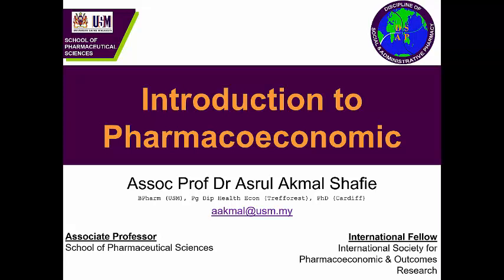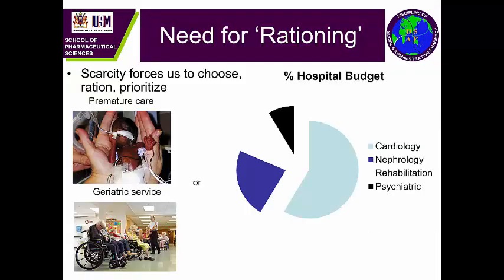Today we are going to continue our FAR 391 lectures by discussing the introduction to pharmacoeconomics. In the previous lecture on the introduction to basic economics, we discussed scarcity and the reason for us to make a choice because of it.